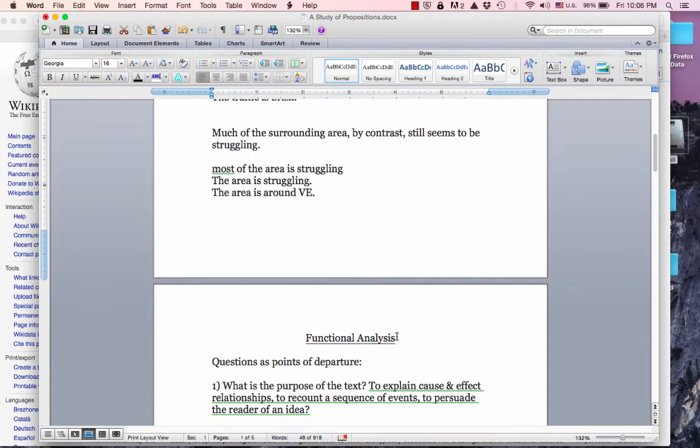Okay, and what that means is we're going to look at a text and try to figure out what its purpose is. That purpose is defined as a relationship between the author and the ideas, and the author and the reader and the ideas.